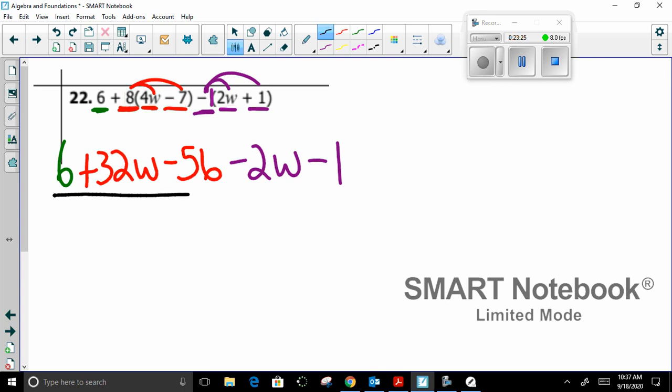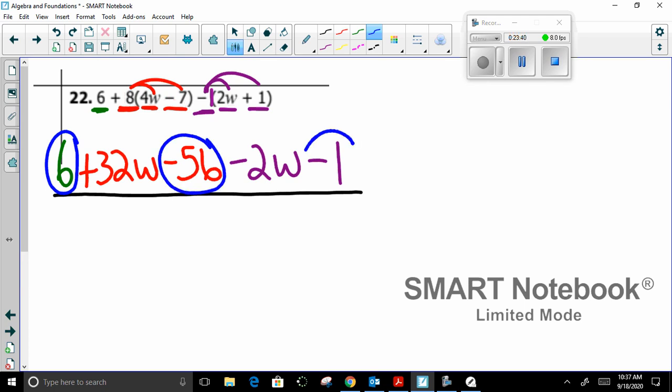Now check. Do I have any more like terms I can put together? Let's see what we got here. I have a constant number. It goes with my other constant numbers, and it looks like I have 2 more. So go from left to right. 6 minus 56 would be -50, and then -50 minus 1 would be -51.